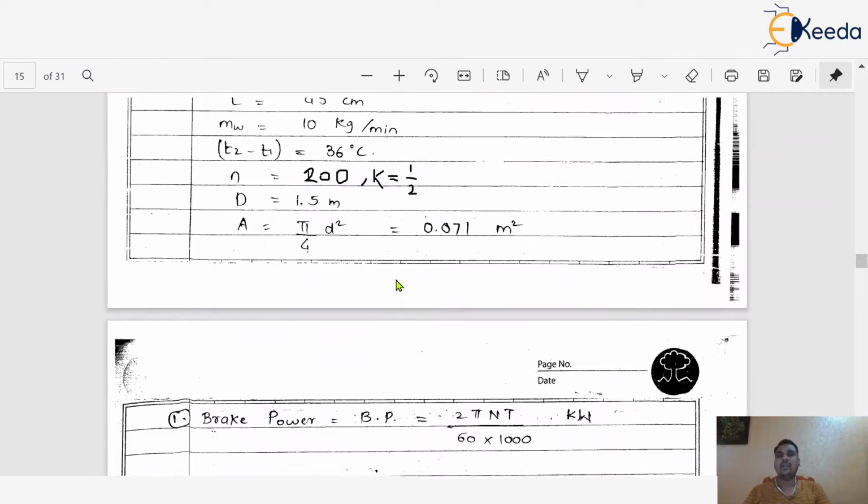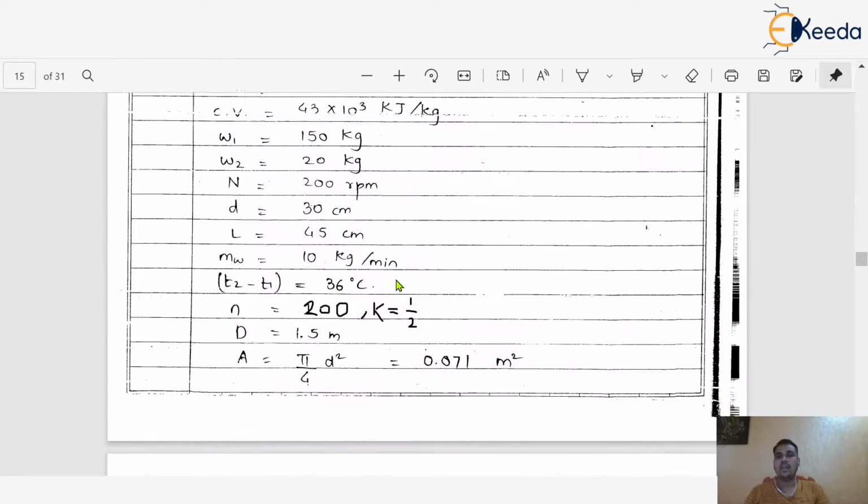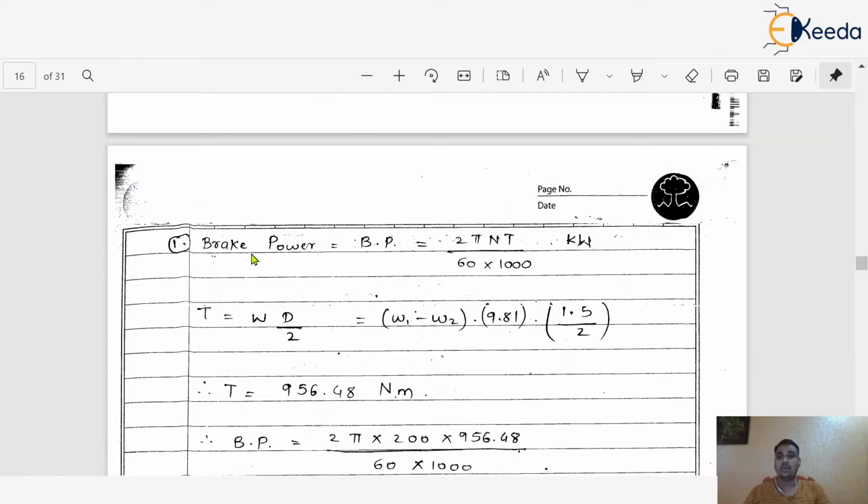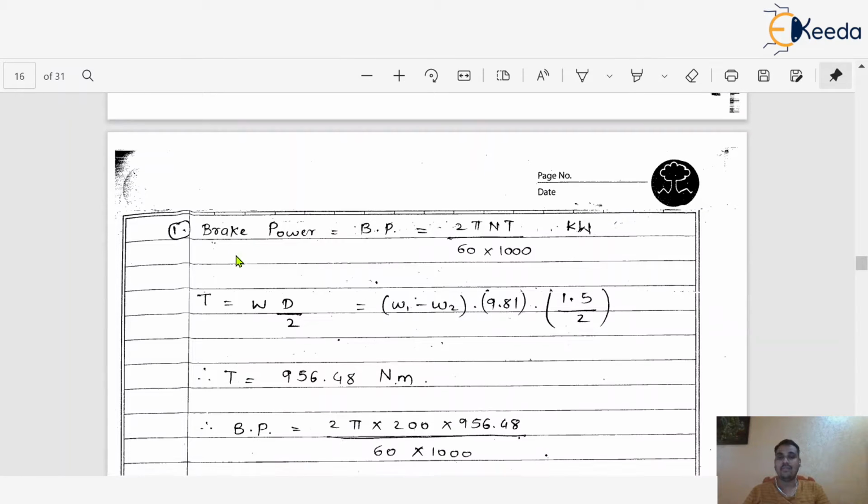After writing all the given data and understanding it thoroughly, now we are going to calculate the different things. The first unknown is the brake power. We know the formula of brake power. We already discussed the different parameters of an engine and the different formulas of these performance parameters.